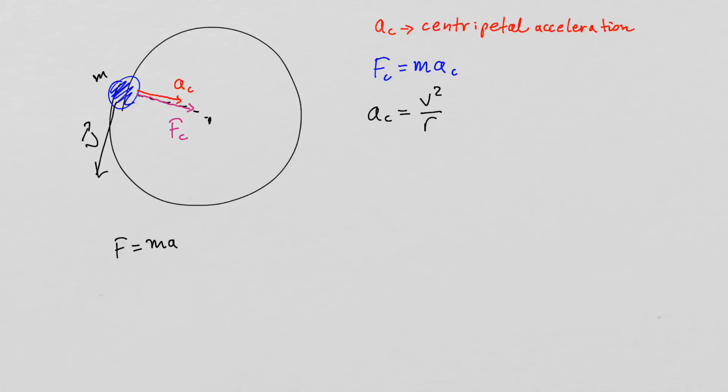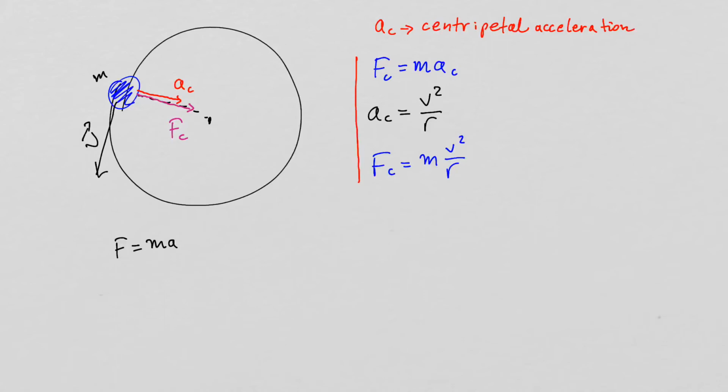And so if I combine the two formulas and substitute a sub c in the second law with this expression, I get a different formula for the centripetal force that allows us to do certain calculations. The centripetal force will be equal to mass times speed to the second power divided by the radius of the circular trajectory.